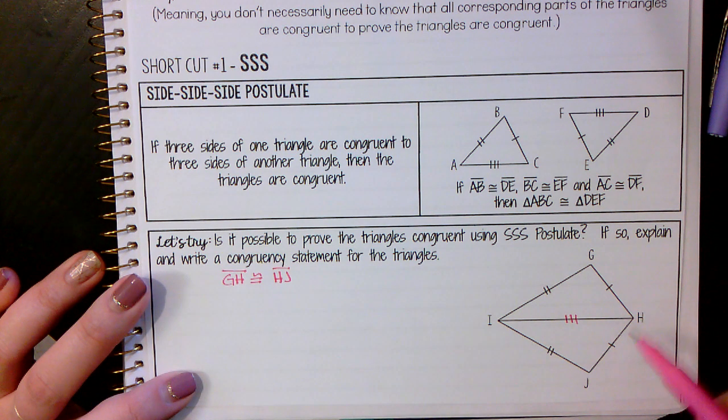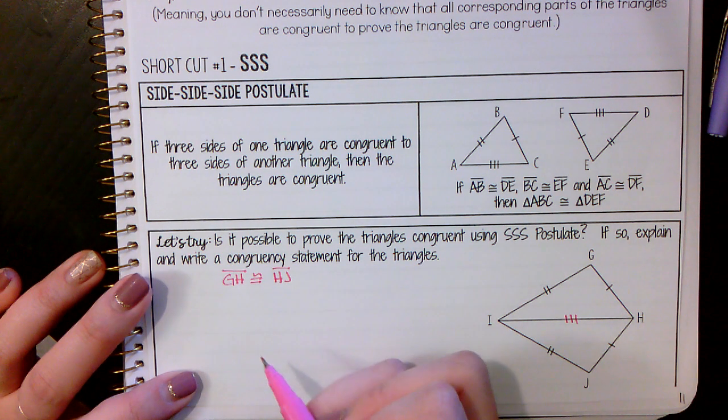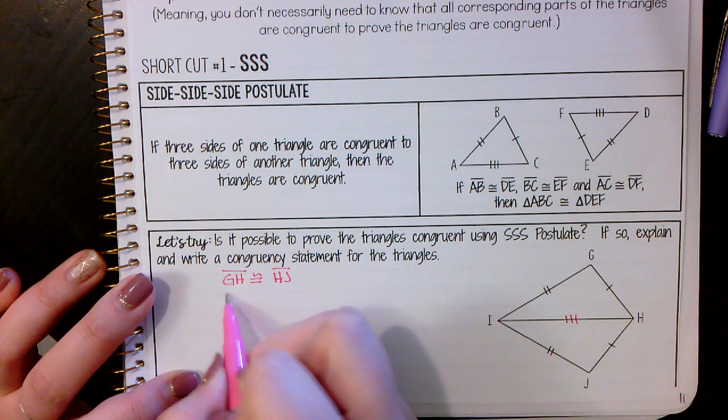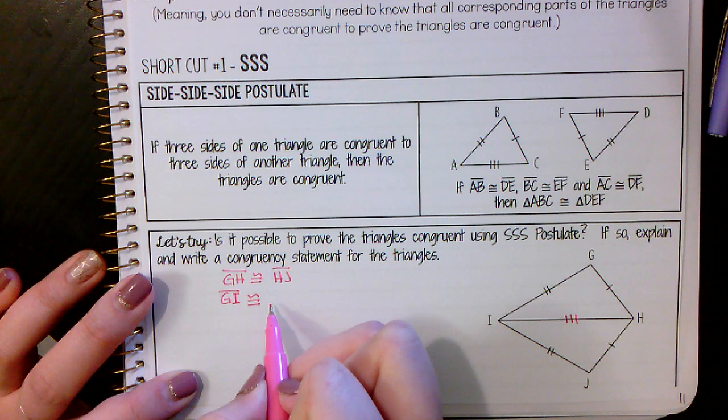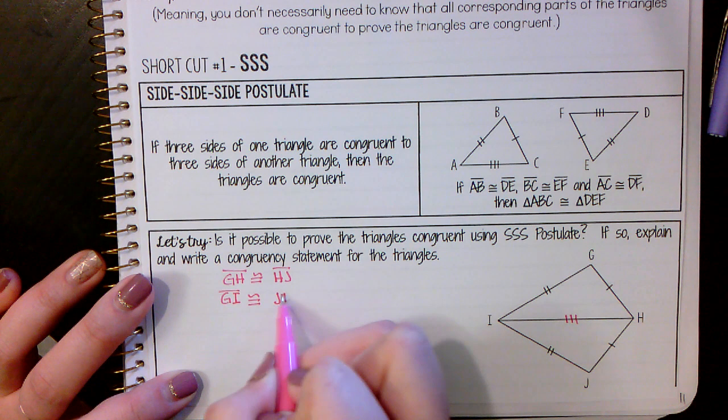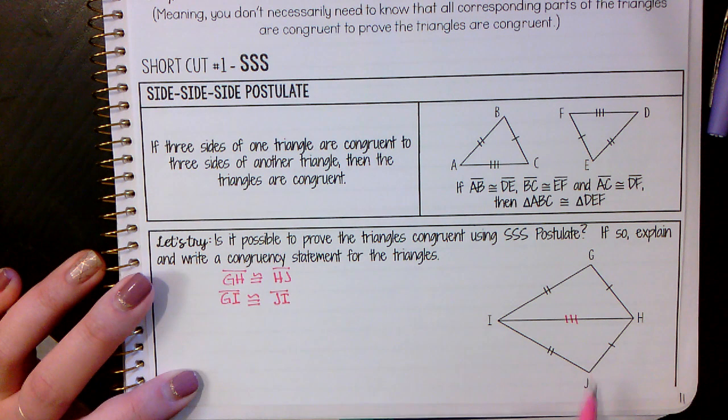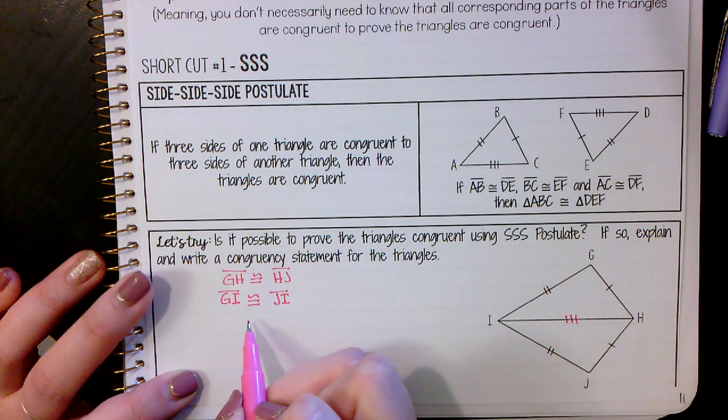They both have 1 line through them, so those 2 are congruent. GI is congruent to JI. GI and JI both have two lines going through those, so we know that those two match up and are congruent.